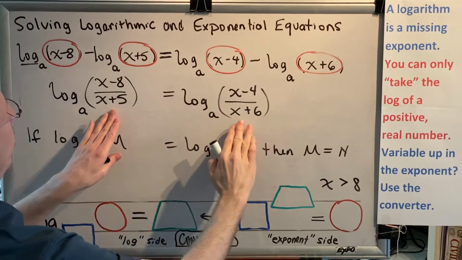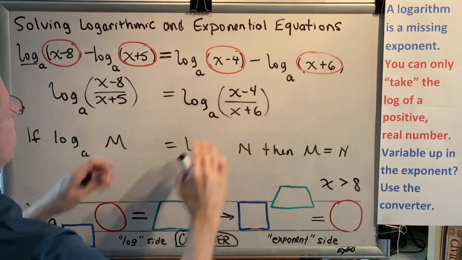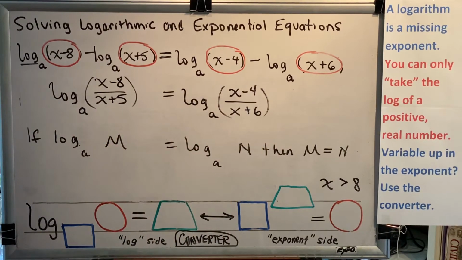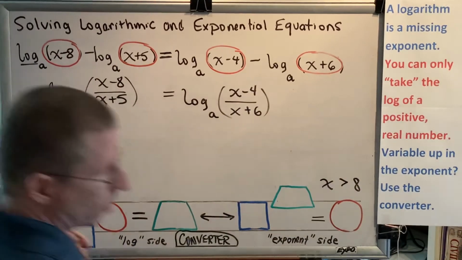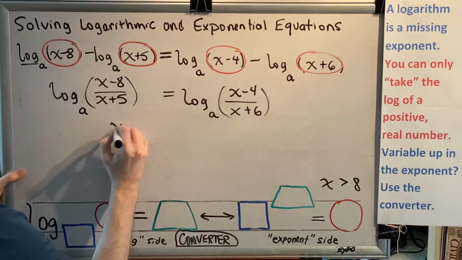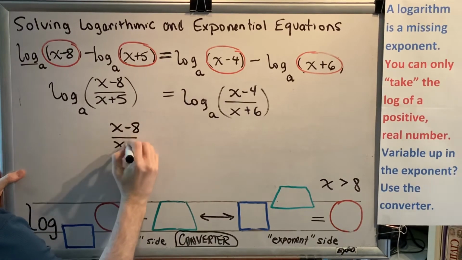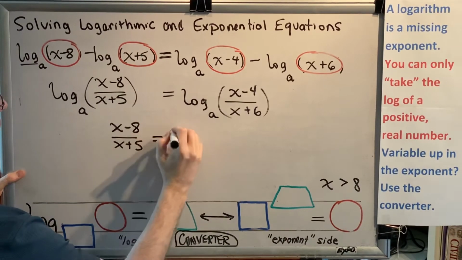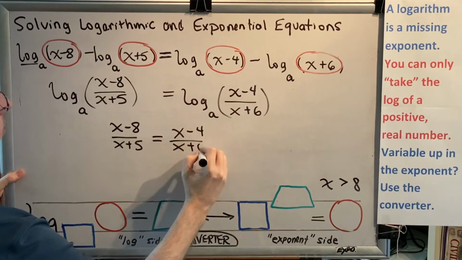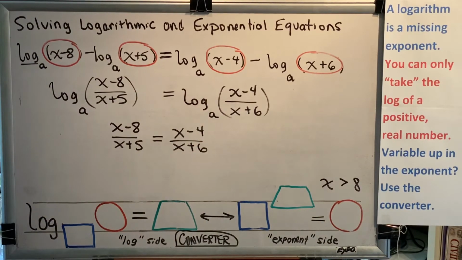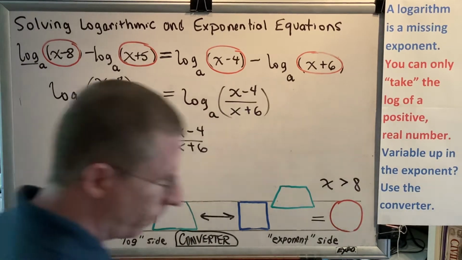If that's true, then m and n, the 2 arguments, must be equal to each other, and we don't need the logs anymore. So, now we get the statement x minus 8 over x plus 5 equals x minus 4 over x plus 6. And we've turned our college algebra problem into an intermediate algebra problem, specifically a proportion.